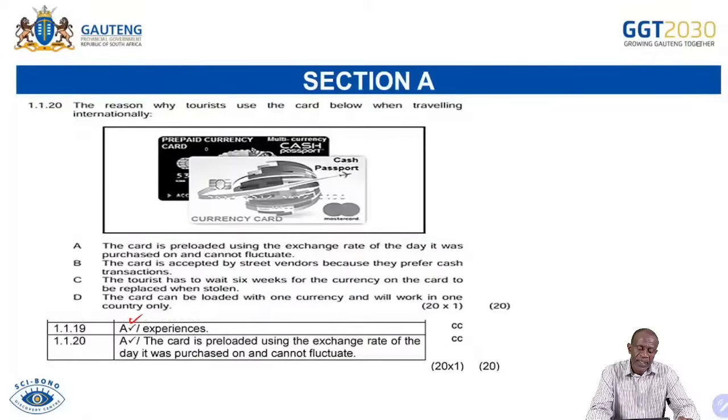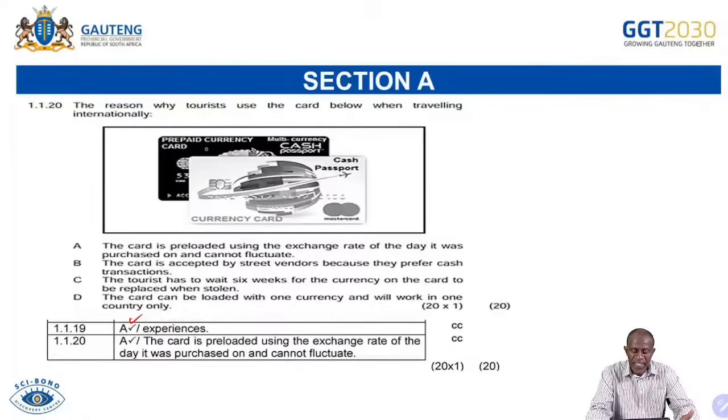Number B, the card is accepted by street vendors because they prefer cash transactions. Number C, the tourist has to wait 6 weeks for the currency on their card to be replaced when stolen. Number D, the card can be loaded with one currency and will work in one country only. So the correct option is number A.